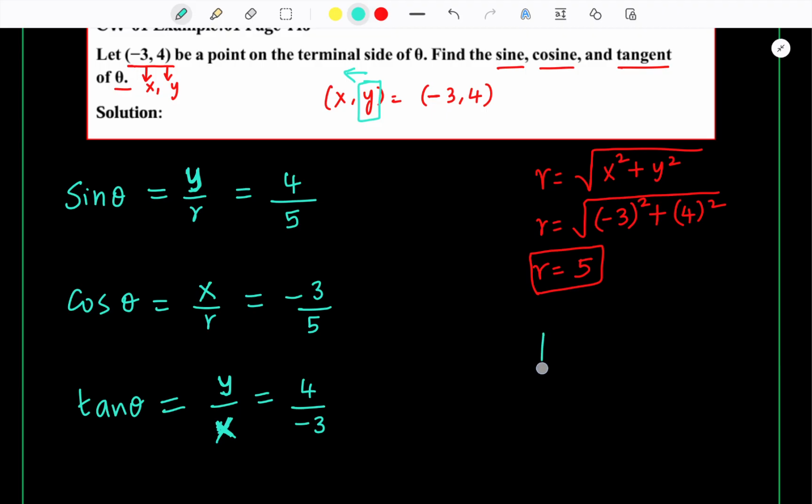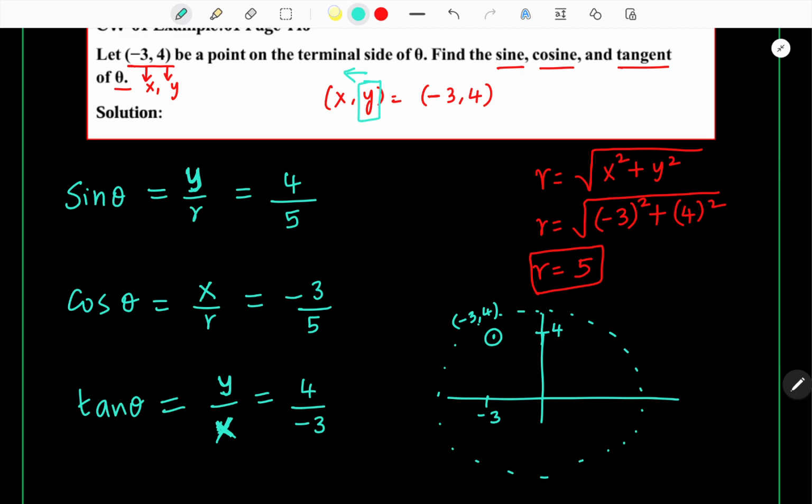Suppose I mark this point minus 3 comma 4. Here is minus 3, and here is 4. So this point is minus 3 comma 4. Now make this a circle with 360 degrees.